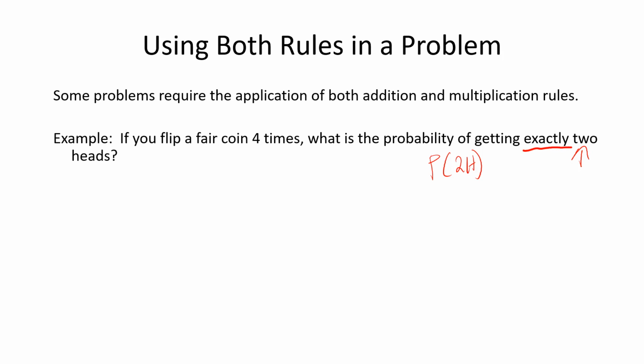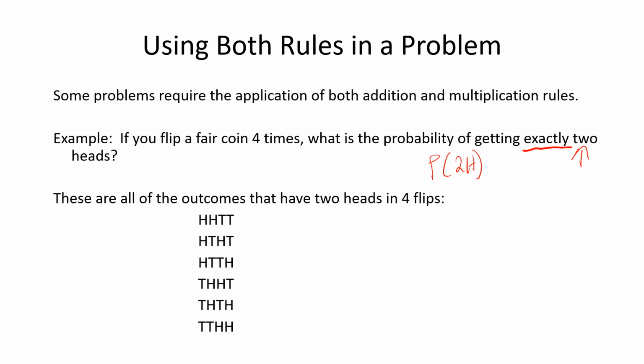But it leads us to it because the binomial distribution is designed to calculate exactly so many outcomes. But first, before we get to that, let's look at it doing it the way where you're using both addition and multiplication, which makes it a little bit harder.